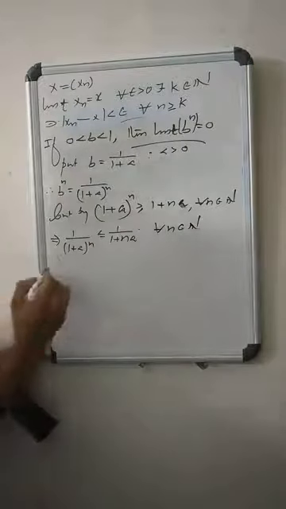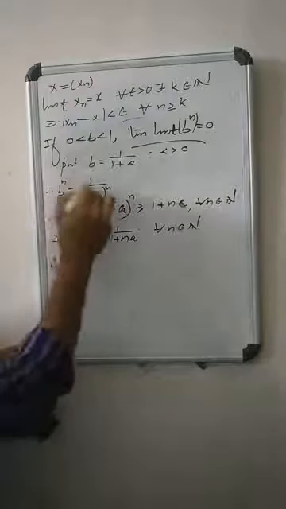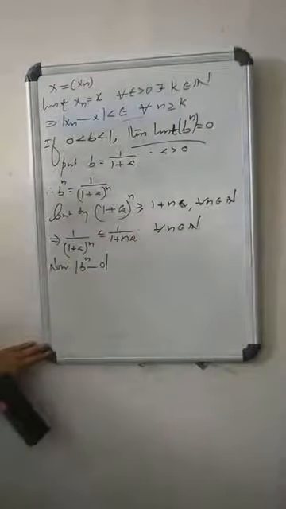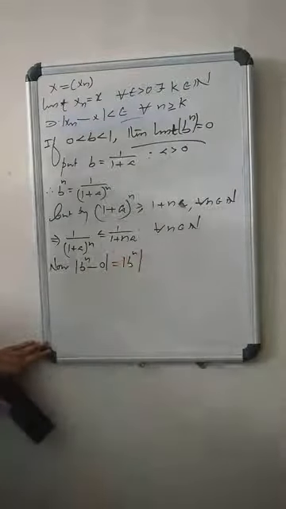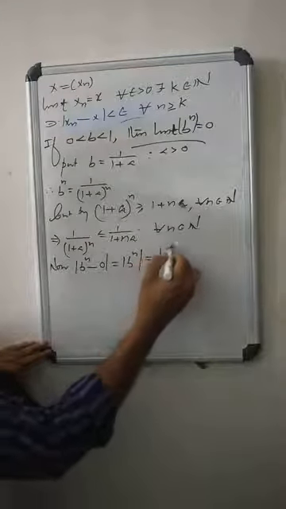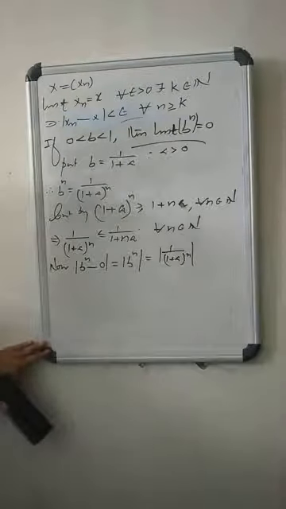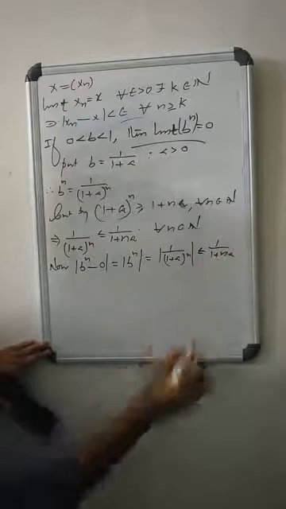Now, we have to show that limit b power n is 0. Consider modulus of b power n minus 0, which equals modulus of b power n, which equals modulus of 1 by 1 plus a all power n. So that is less than or equal to 1 by 1 plus n.